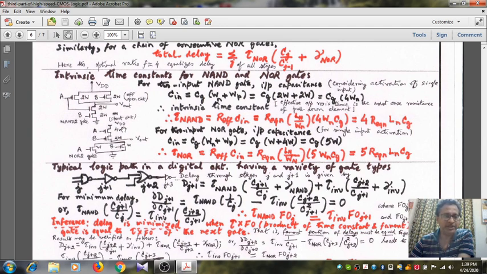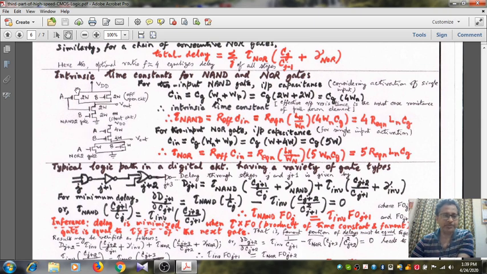It will be Cg into 6 plus W, that means 7W. For 2 input NOR it is Cg into 5W. Here, for a 3 input NOR gate, it will become Cg into 7W. So you can tell me easily that for a 3 input NOR gate the time constant will be 7 times R equivalent Ln Cg. Clear?